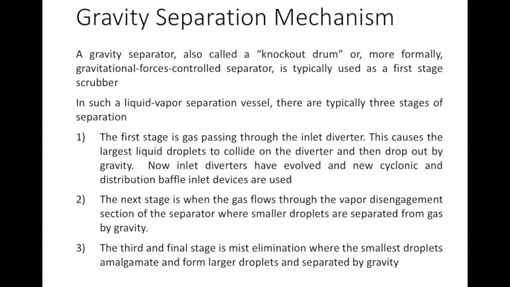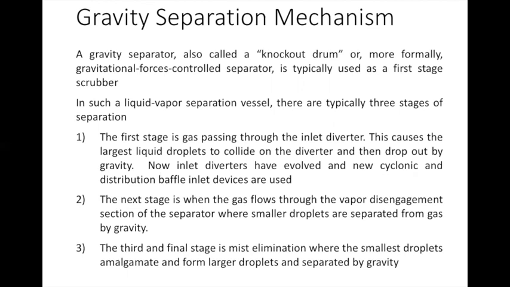This causes the large liquid droplets to collide with the diverter, and then the liquid drops out due to gravity, right? Now there are various inlet diverters like cyclonic and baffle inlet devices which are used now.